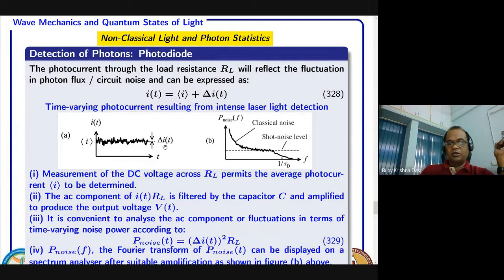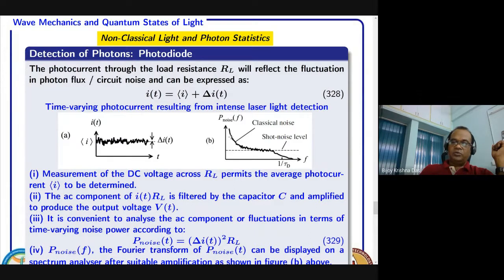You just take the mean square and then multiply by RL, that is actually your so-called noise. And then we can see this time-dependent noise, Fourier transform, then we get this type of characteristics.